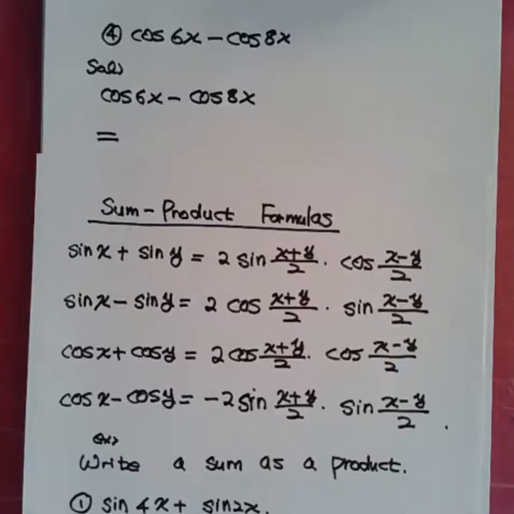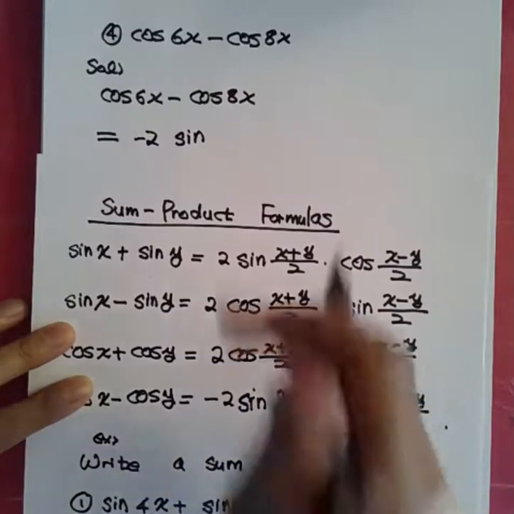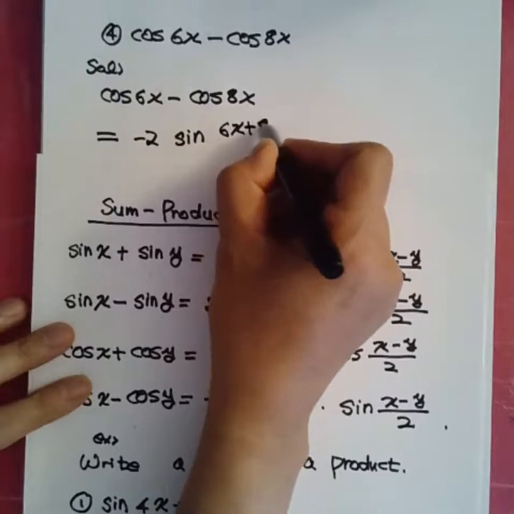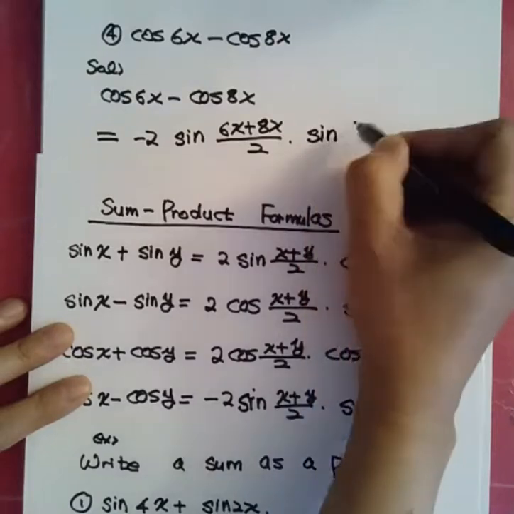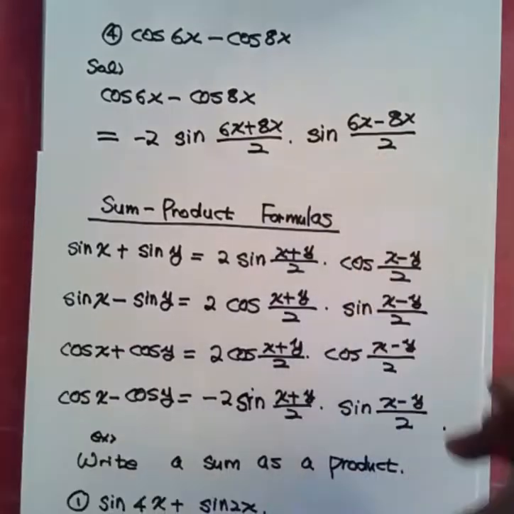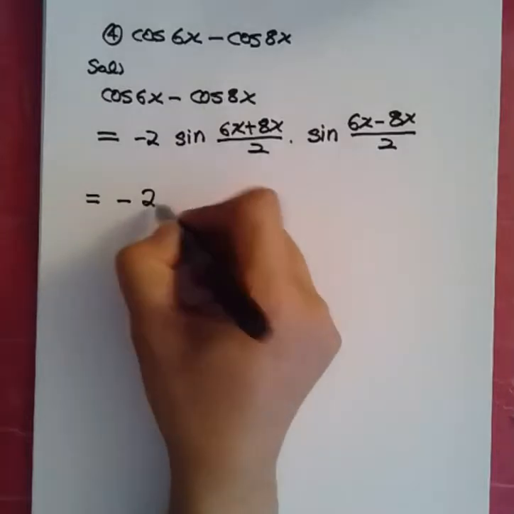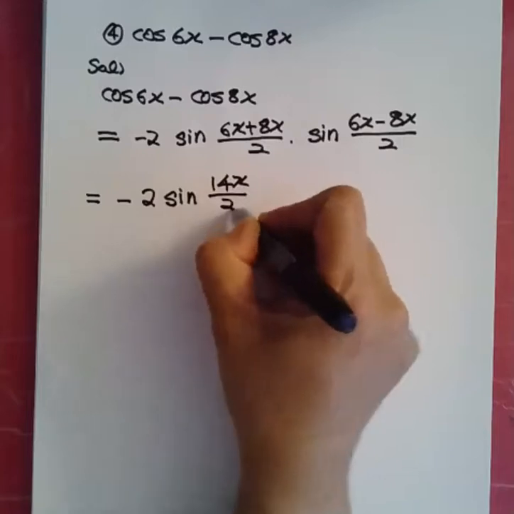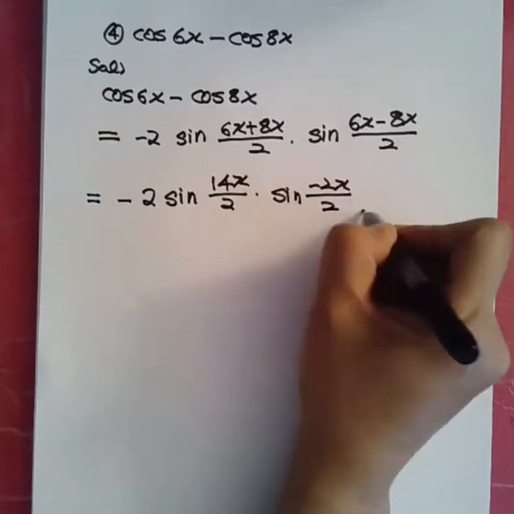So it starts with minus 2 times sine of the sum of two angles, 6x plus 8x over 2, times sine of the difference, 6x minus 8x over 2. That means minus 2 times sine of 14x over 2 times sine of minus 2x over 2.